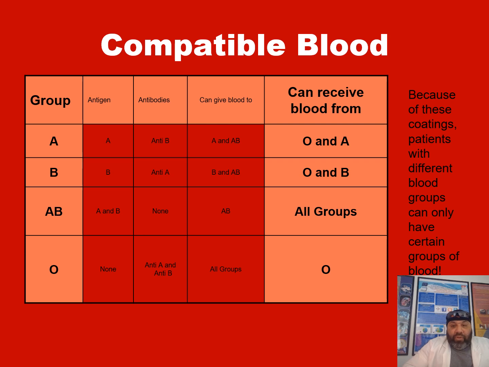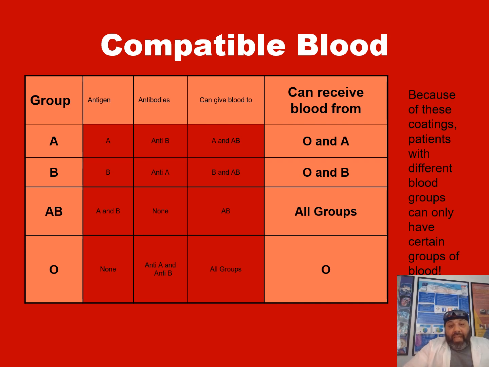So I'm going to talk a little bit about the compatibility aspects around blood, and in this slide, which blood group donations can actually help individuals who might be group A, group B, group AB, and group O, and which blood groups they can have blood donations from.